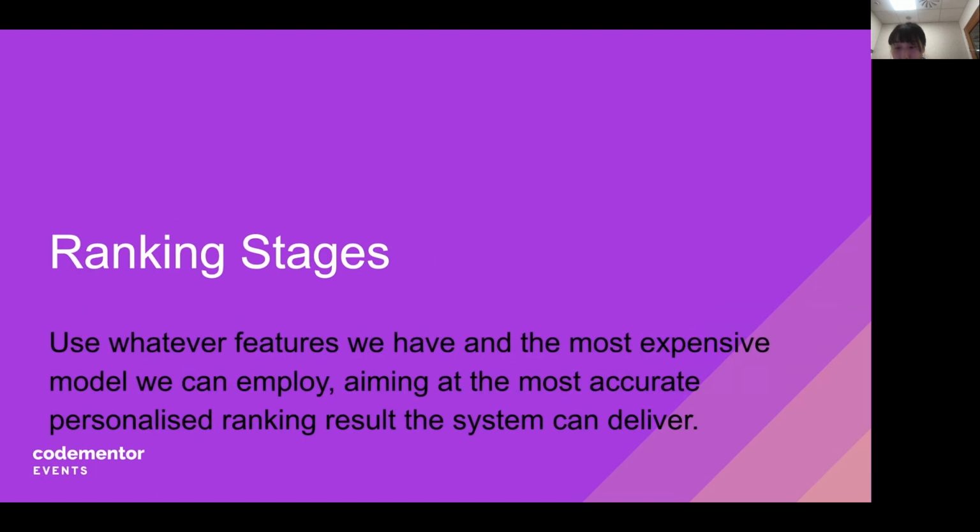But should this problem arise, a pre-ranking stage can be added between the retrieval stage and the ranking stage. This intermediate stage would employ a simpler model than the ranking stage, along with some user features and ad features, in order to perform a rough ranking of the results returned by the retrieval stage.